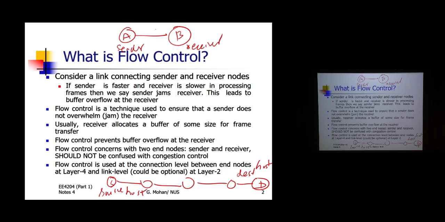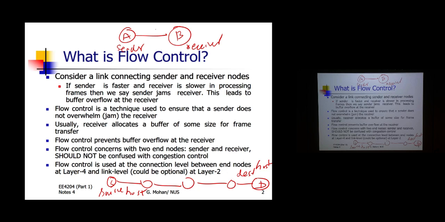Let's consider two nodes which are connected by a direct link or by a connection which can traverse one or more links. In both cases the concept is the same, but the technique or protocol may have some differences, though the underlying concept would be the same. Now the question is, what is flow control?